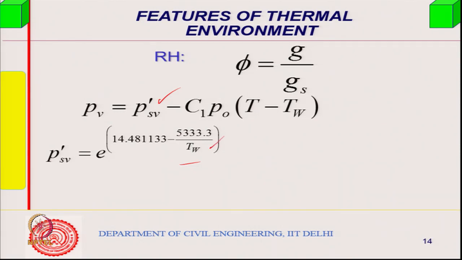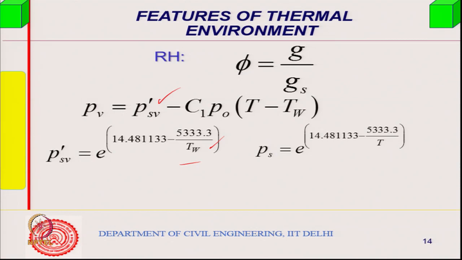The constant also depends on wet bulb temperature. So vapor pressure is a function of wet bulb temperature and the difference between wet bulb and dry bulb temperature. That is what is taken into account.